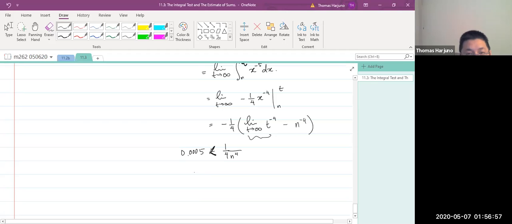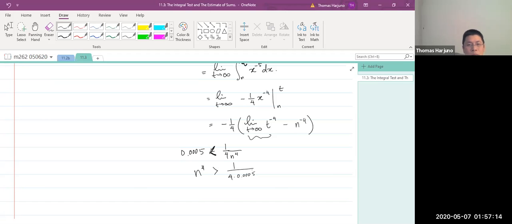So my n to the 4th should be greater than 1 over 4 times 0.0005. Am I right? Then we can compute it from there.